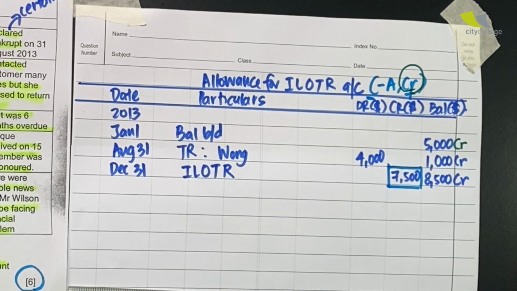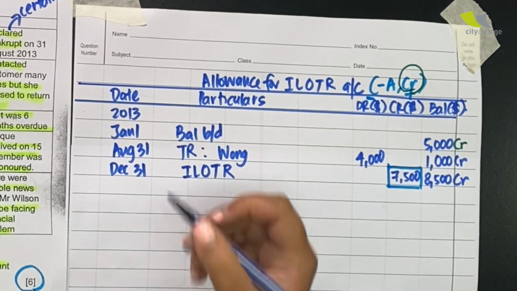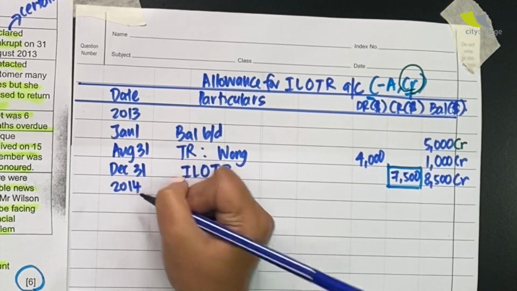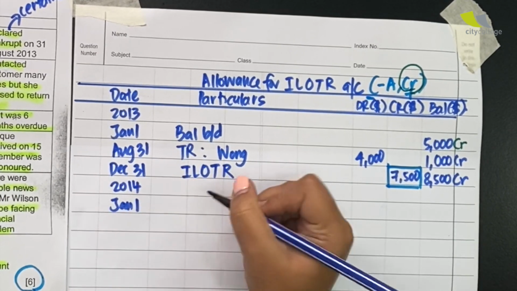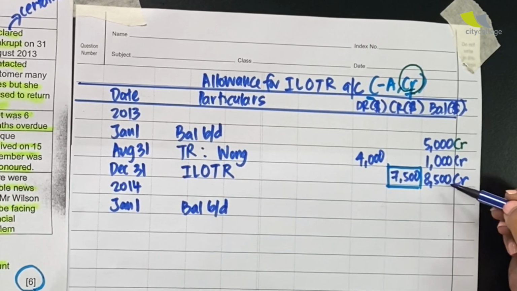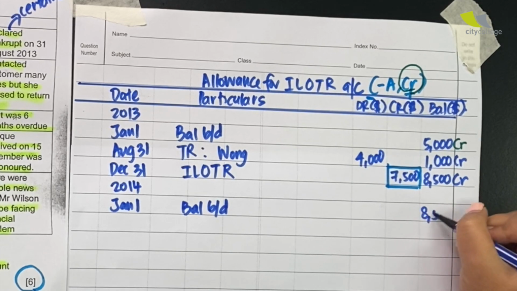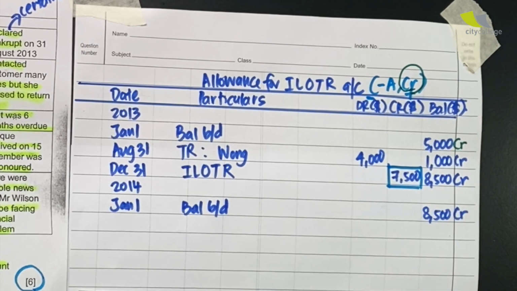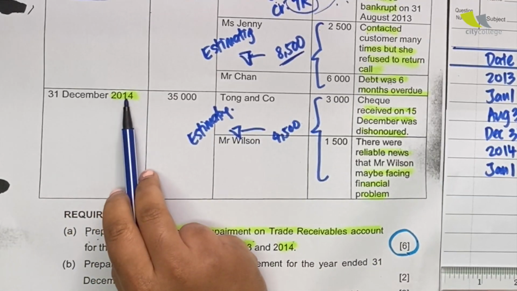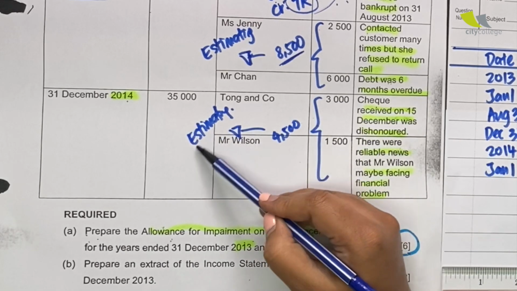So let's continue. You bring down the figure to the next year. So 2014, January 1st, balance brought down again. Where I left off is where I'm going to continue. Let's read on. 31st December, we know that the entire 4,500 is an estimate.